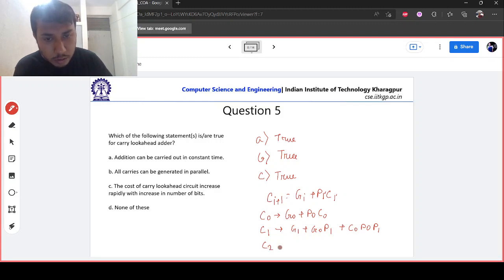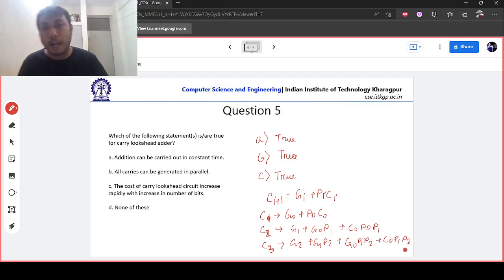Now for a 3-bit number, the third carry will be C3 equals G2 plus G1 P2 plus G0 P1 P2 plus C0 P0 P1 P2.